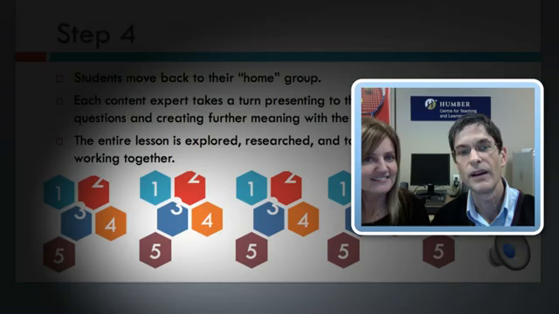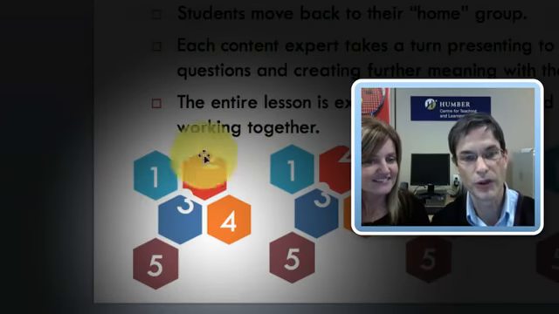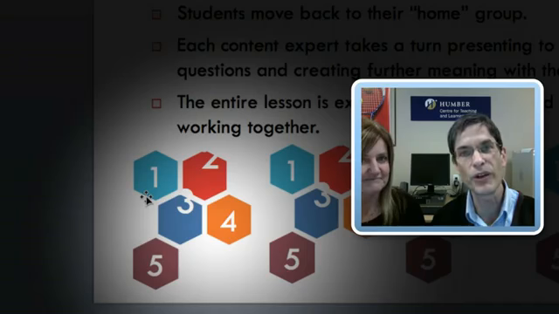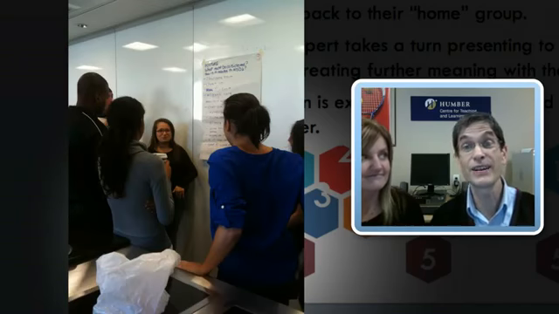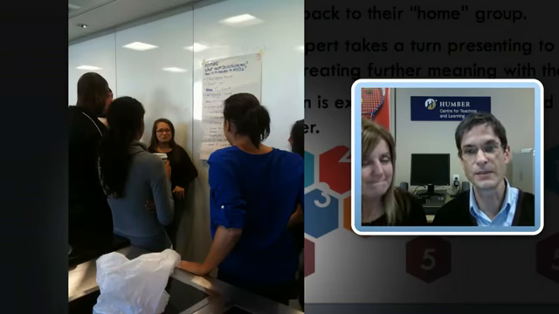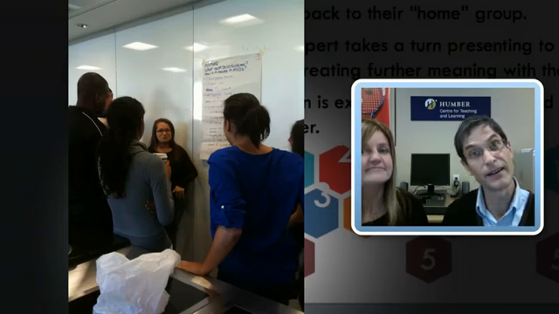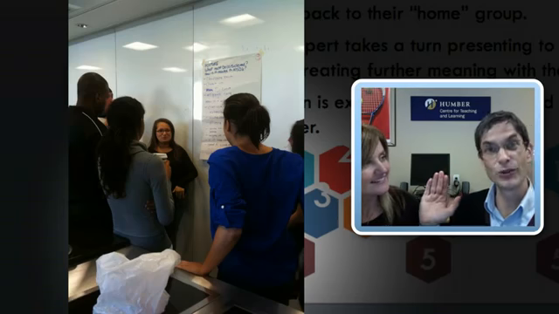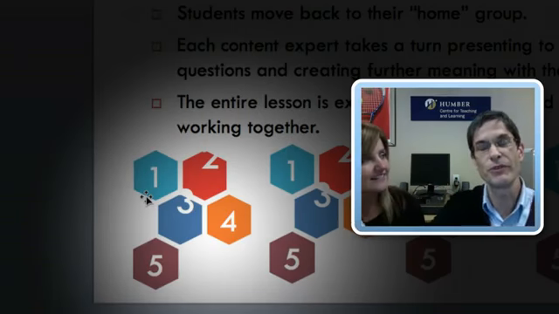So this first group here, number 1, the Impressionist, is going to show the conclusions, or the knowledge base, that has been put together by his group, the Impressionists. He's going to present it at their wall to all of the other experts of the different movements.